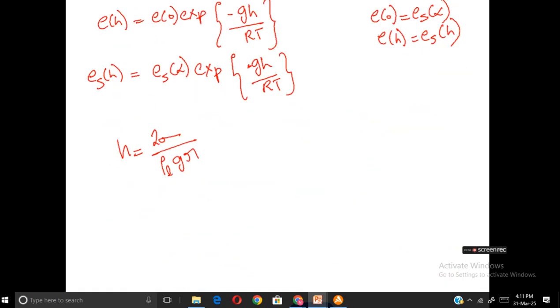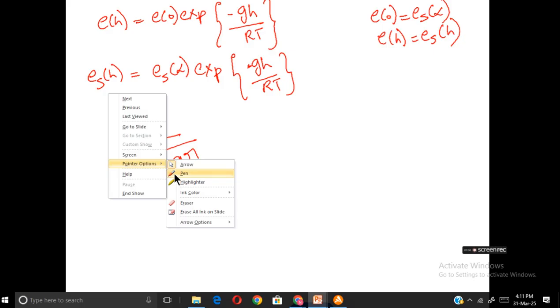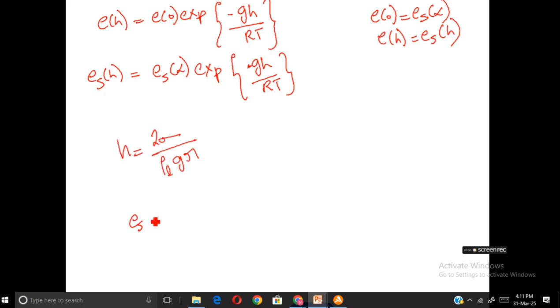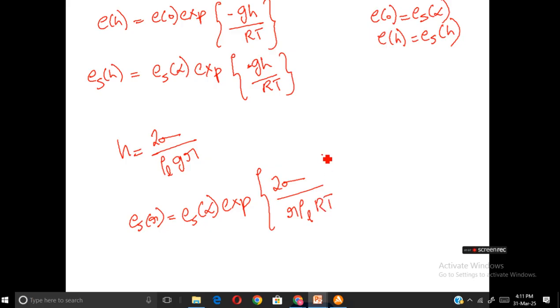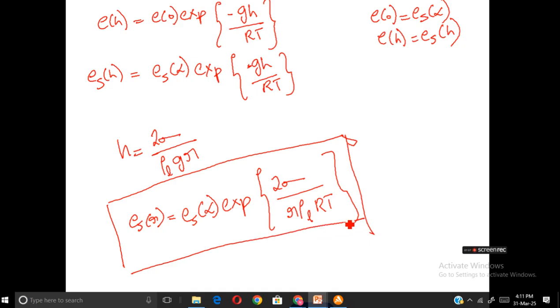Now if we substitute that, it will become Es of R is equal to Es of infinity into exponential 2 sigma by R rho L R T. This is the mathematical expression for the curvature.